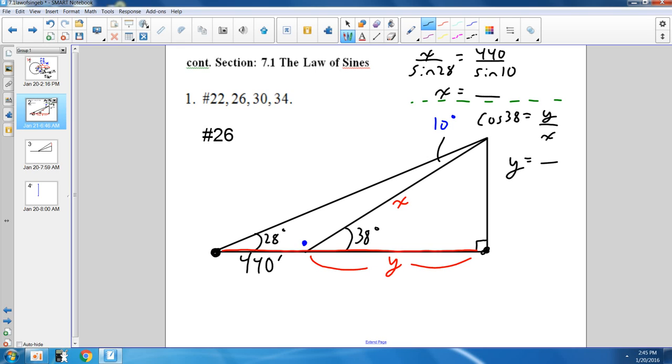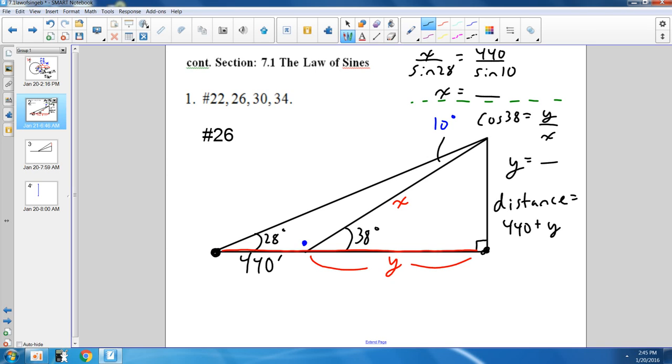Once you get your y, you're going to remember, oh yeah, I've got to add the 440 to it. So the distance is equal to 440 plus your y. Again, I really think that if you're able to set up this law of sines, the rest of this you should be able to get at this point. It's more of the setup and getting started.